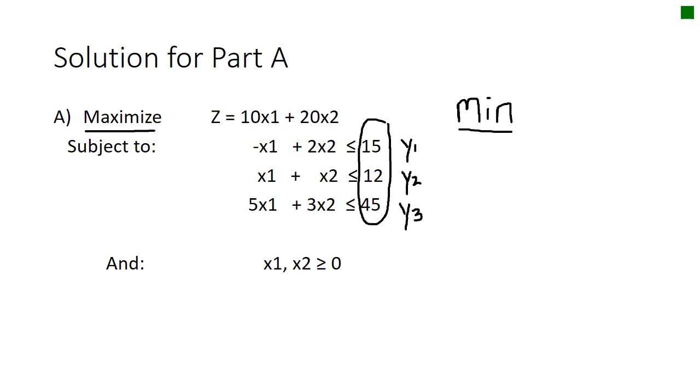There's some correlation there. Each of these coefficients on the end here is going to become the coefficient for that new y variable. So we want to minimize the objective function 15y1 plus 12y2 plus 45y3. That's going to be our objective function in the dual problem.